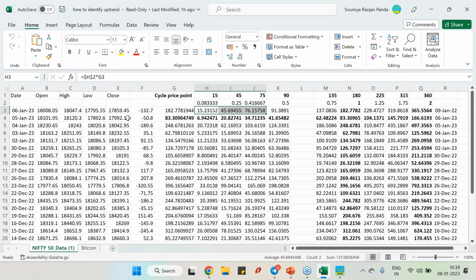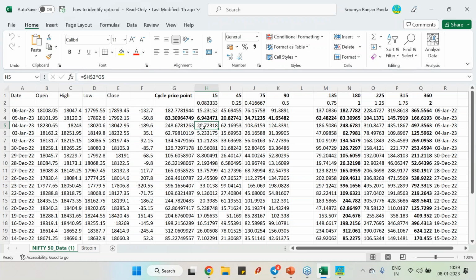What we did on 5th January will be valid for 6th January. What we did on the 4th January will be valid for 5th January. So at day end, based on its notional gain or loss, we calculate the cycle price point and cycle turning points for the next day.